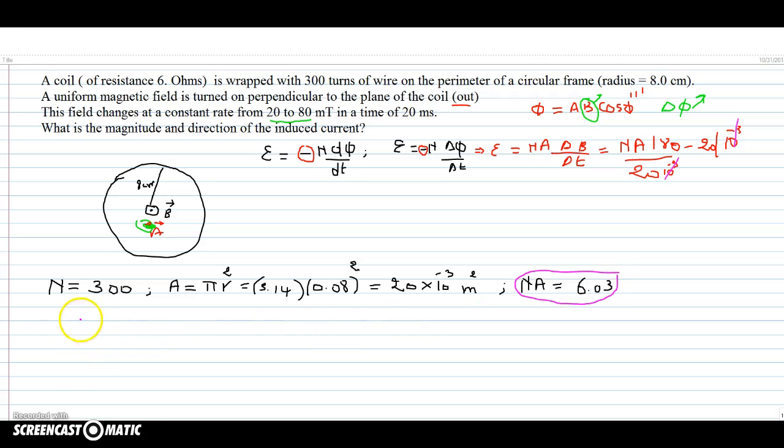Now I am ready to find the EMF. The EMF is NA, which is 6.03, times the change of B, which is 60. We have dismissed the 10 to the minus 3, so 60 over 20.